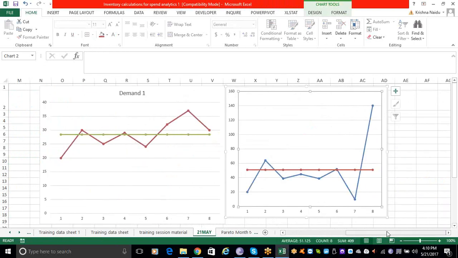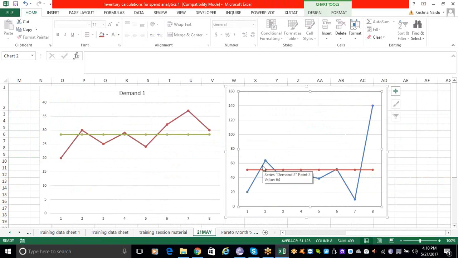Now let's see the variance, the ups and downs. There are 5 data points which are very close to the average: the second point, third point, fourth point, and fifth point.